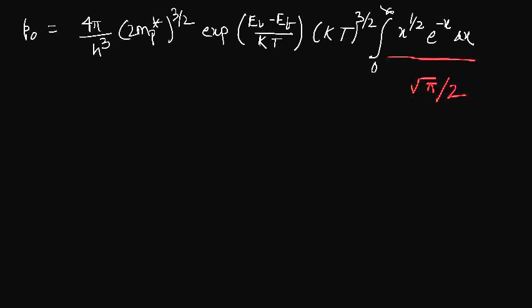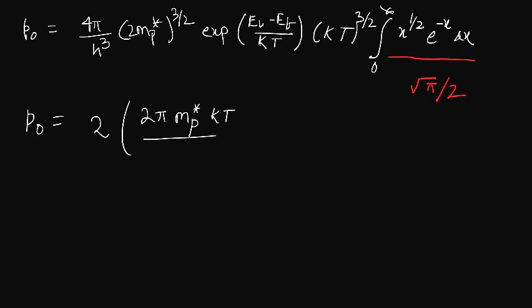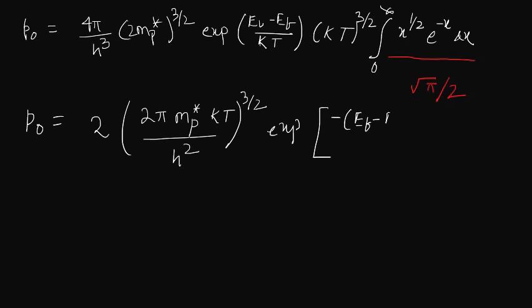So substituting this, we have P naught equal to 2 into 2 pi mp star KT divided by h square, this whole thing to the power 3 by 2, times exponential of minus of EF minus EV divided by KT.